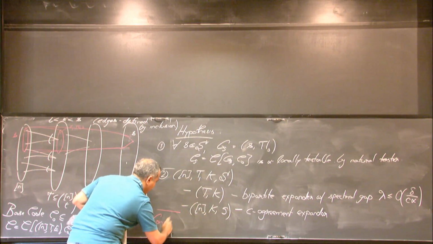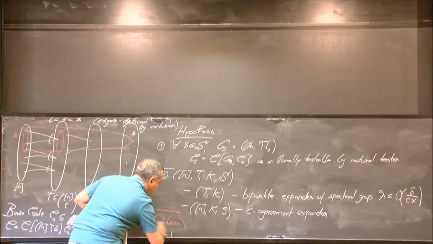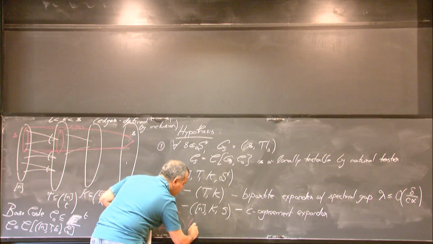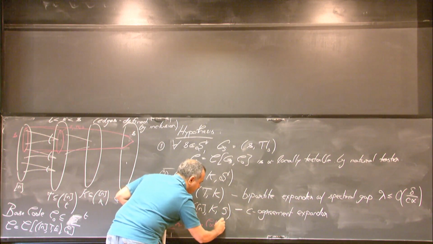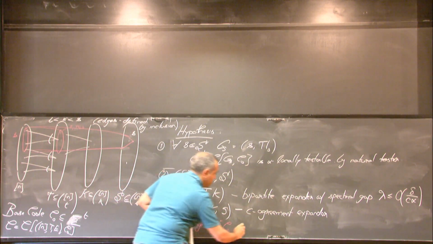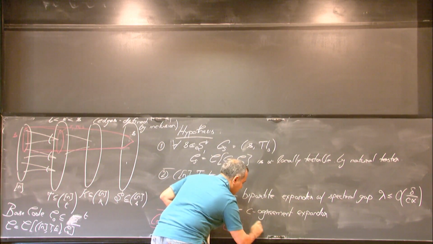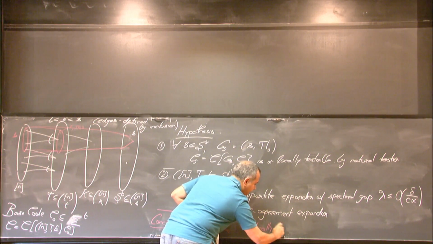Conclusion: the large code C is locally testable by the natural tester.